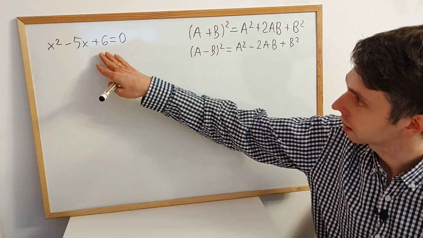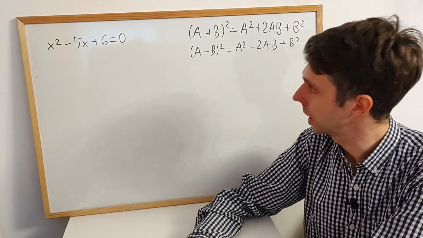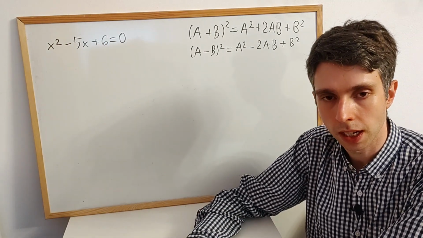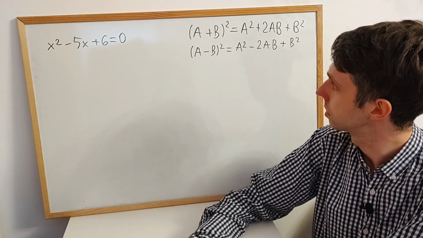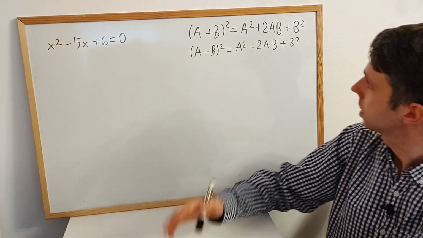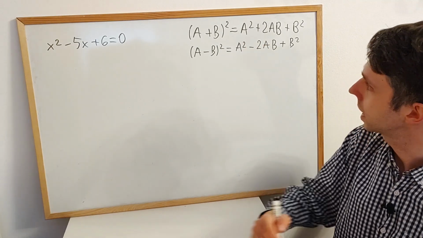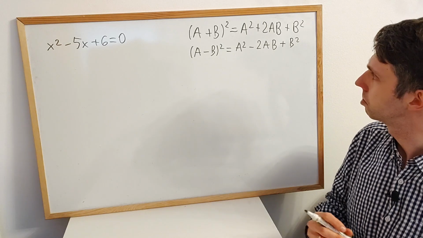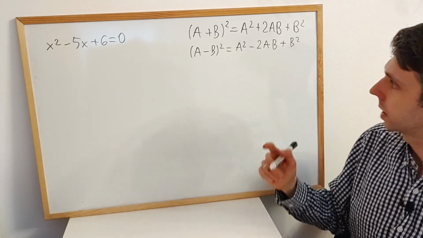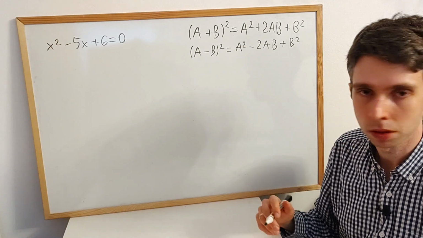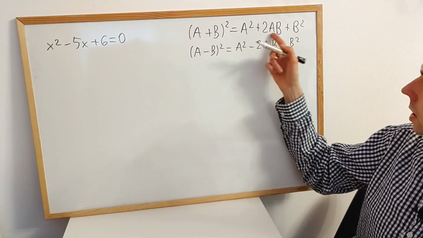Okay, so that's pretty much the same equation which I showed you how to solve in the previous video, and now I will make use of these short multiplication formulas. If you don't know them, I will show you quickly where they come from.